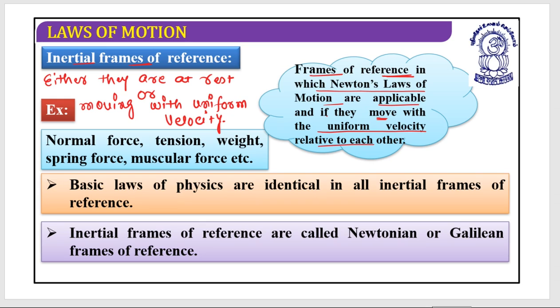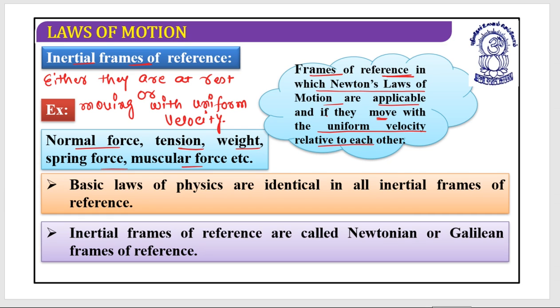In the inertial frame of reference, Newton's laws of motion are applicable. All the forces, like the normal force, the tension, the weight force, the spring force, which we have not discussed yet and are going to discuss in work, power, energy, and the muscular force that we understood, all these forces come into the category where we make observations in most situations in the inertial frame of reference.